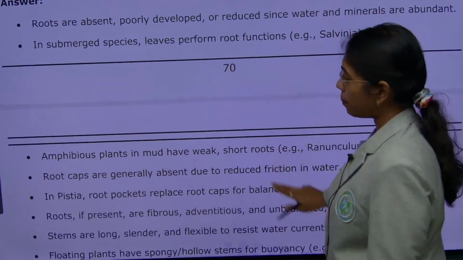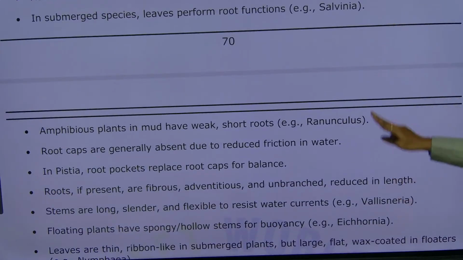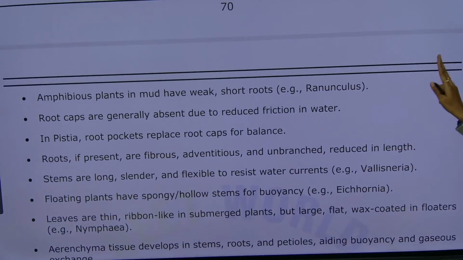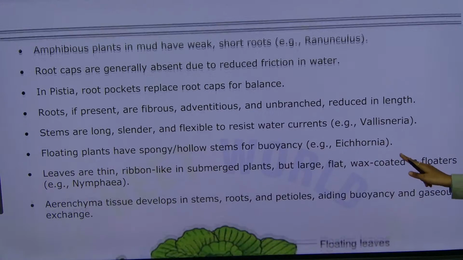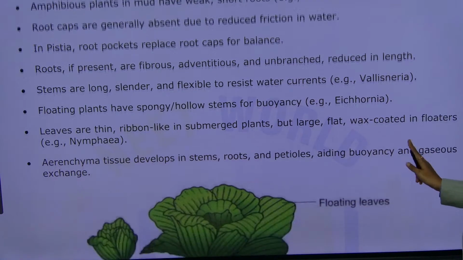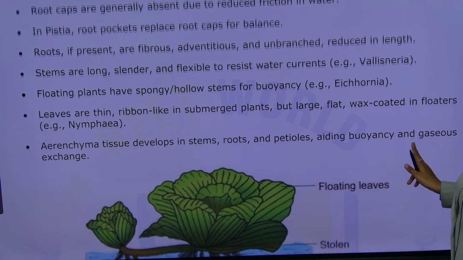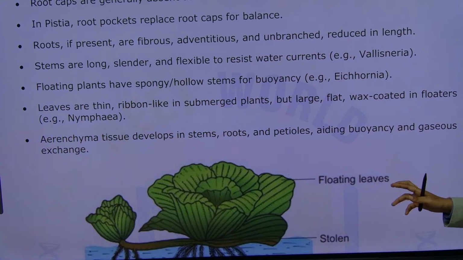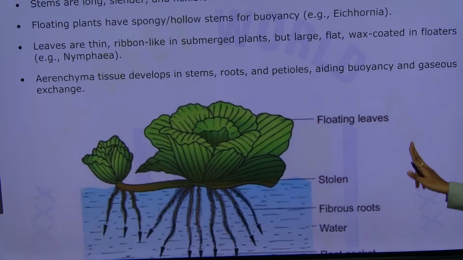Roots and submerged species, amphibious plants, root pockets, stem, and most importantly aerenchyma. Highlight the examples: Salvinia, with leaf performing root functions; Ranunculus for amphibious plants; Vallisneria, with long and slender stems; Eichhornia, with spongy or hollow stems for buoyancy; and Nymphaea, with leaves adapted to thin ribbon-like structures.